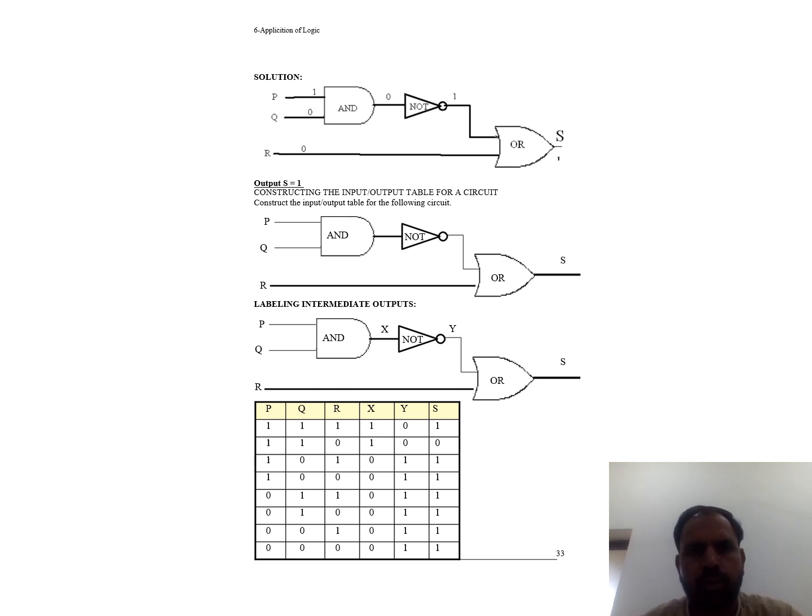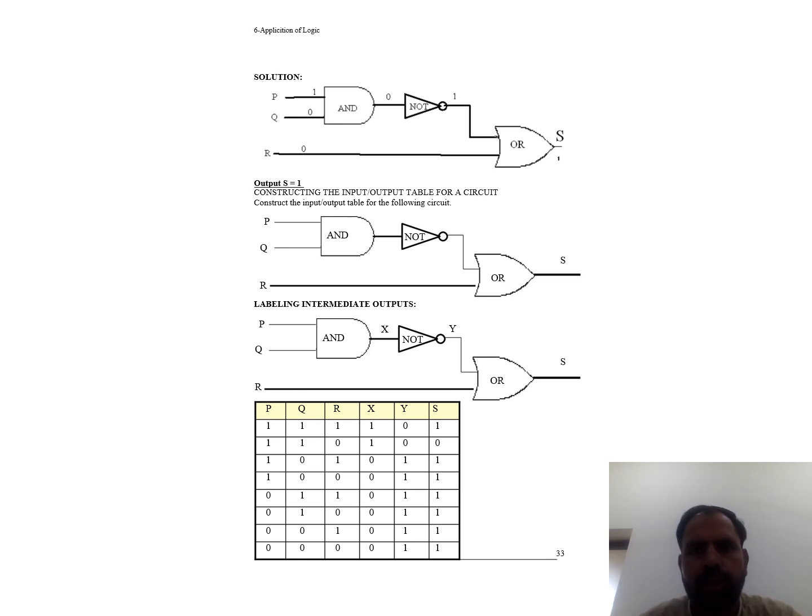If P is 1, now we solve this. P is 1, Q0, R0. With P1, Q0, in the AND gate, the output should be 0, because if we want 1 in an AND gate, then both should be 1.